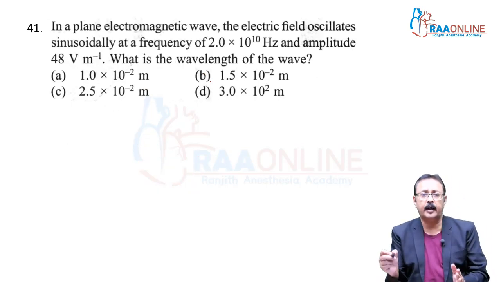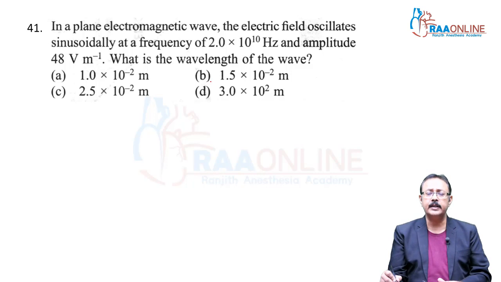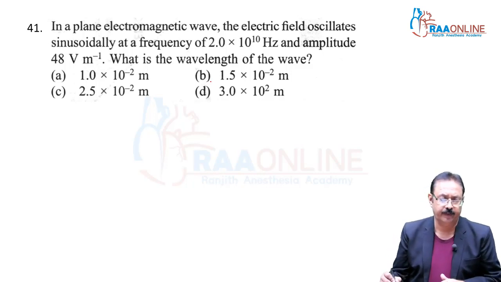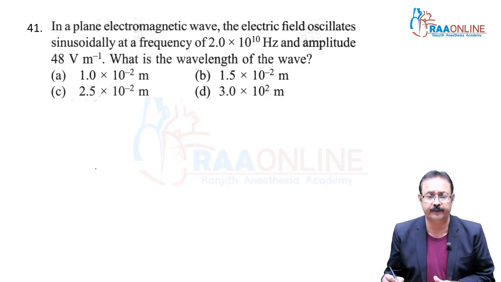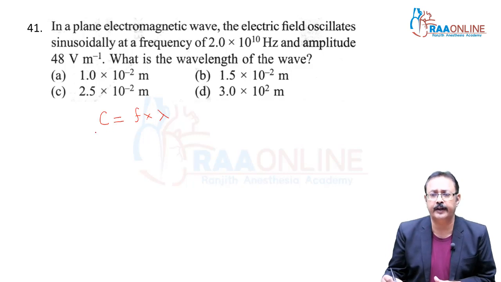41st. In a plane electromagnetic wave, the electric field oscillates at a given frequency. Amplitude is also given. What is the wavelength of the wave? What is the relation? We know that velocity is equal to frequency into wavelength. For electromagnetic waves, C is 3 into 10 to the power 8.